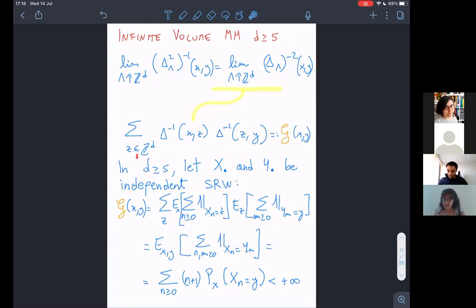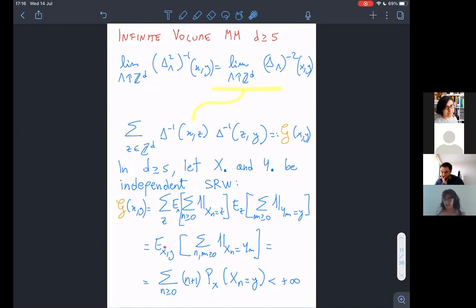And whenever the dimension is higher or equal to 5, you can actually prove that there exists a delta squared inverse. And this delta squared inverse defined on the entire lattice is nothing but the following expression, which represents the mean intersection local time of two simple random walks on Z^d.